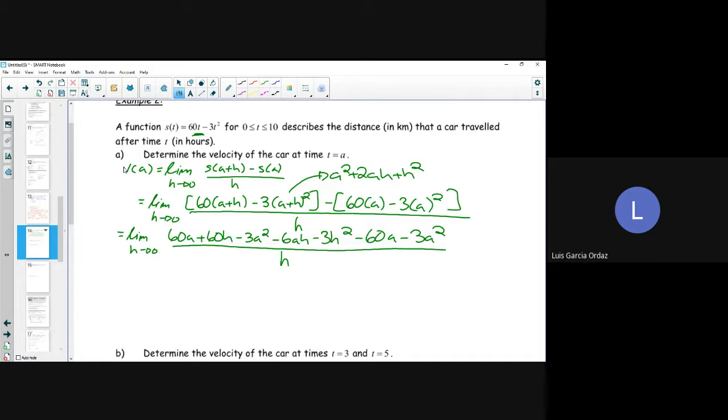Okay, so now that we have our numerator and denominator, what does our numerator simplify into? Feel free to type your answer in the chat.